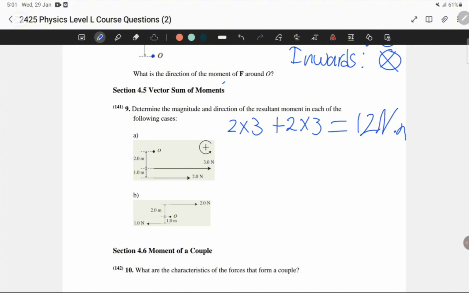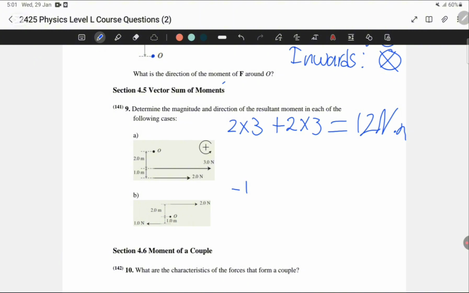Alright, now let's go to the next one. It might look a bit complicated, but it's easy. Here, it's going to be going like this, clockwise, and this one's going to be going counterclockwise. The distance is 1, so it's going to be -1 since it's going clockwise.